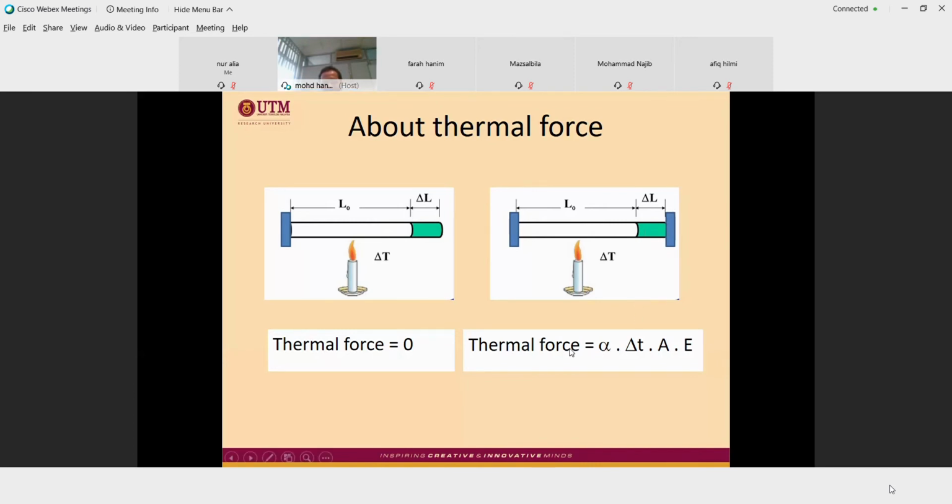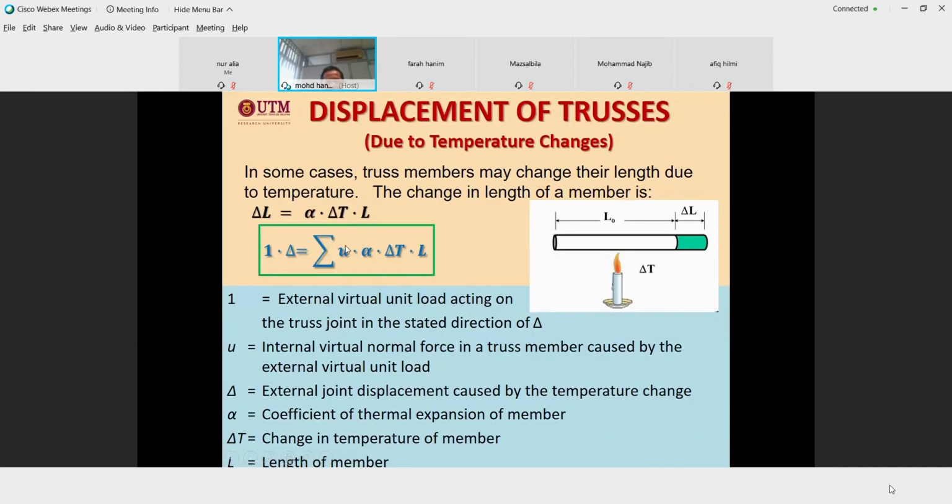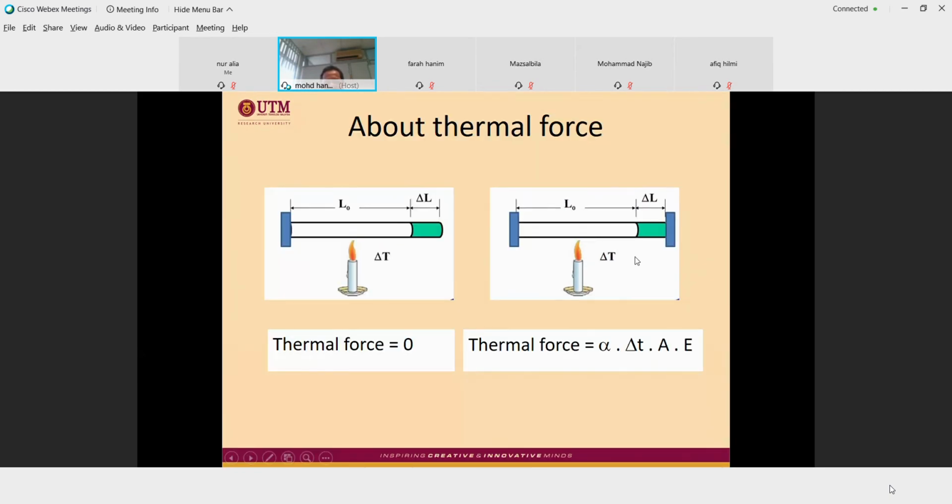And thermal force equal to alpha delta T A E. How to get this formula? You have to go to this one here. Then you get this formula.